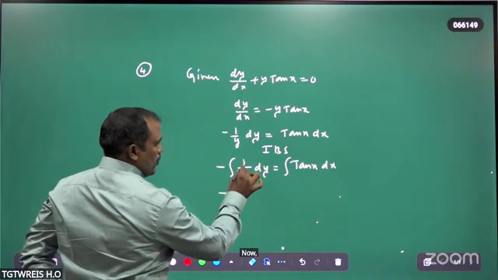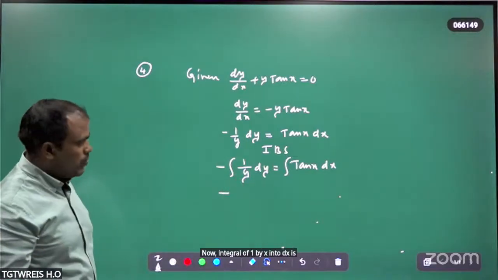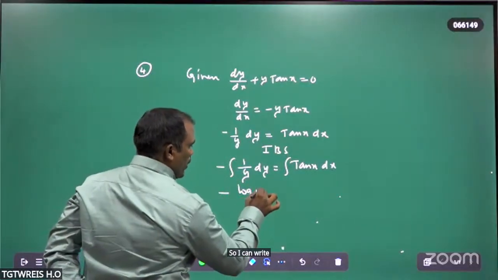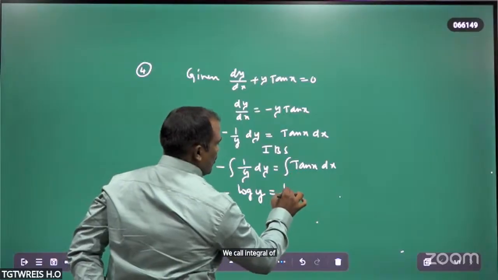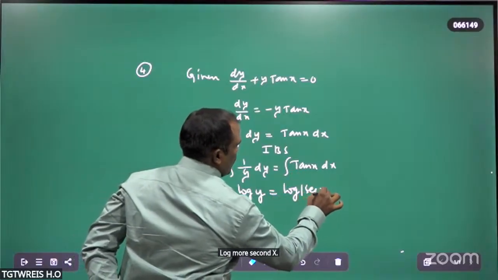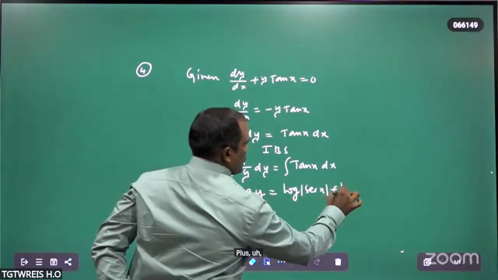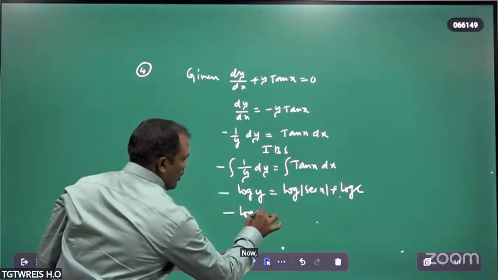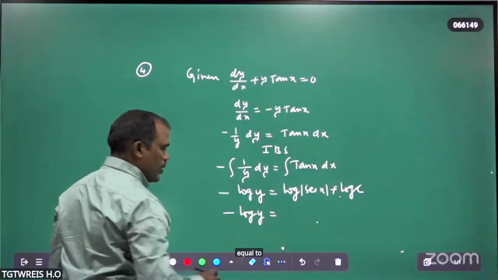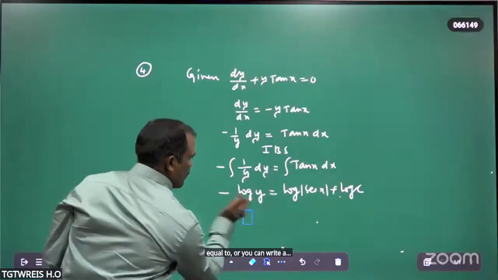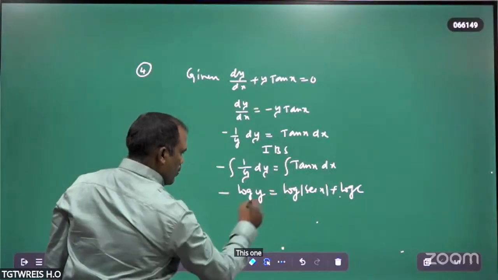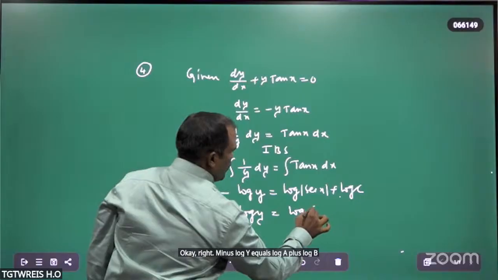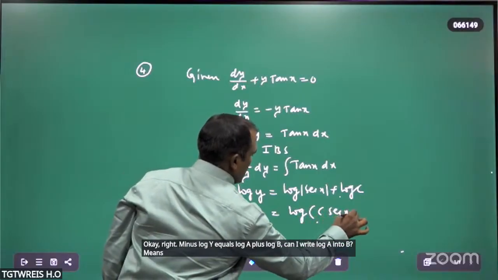Now minus take outside. Integral of 1 by y into dy equal to integral of tan x into dx. Integral of 1 by y dy is log y, and integral of tan x means log mod secant x, plus c. Both have log terms, so you can write c also as log c. Now minus log y equal to log a plus log b, which I can write as log of c into secant x.